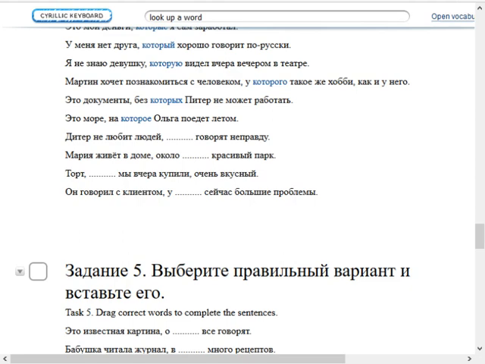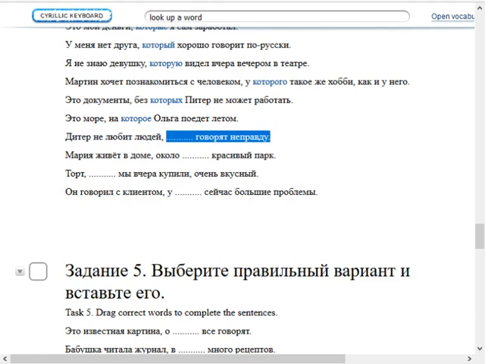So люди is plural, and in the first part of the sentence, the people are accusative because it's saying Dita is not liking them, so the people are the object of the sentence. But here they become the subject because it's saying the people are telling lies.